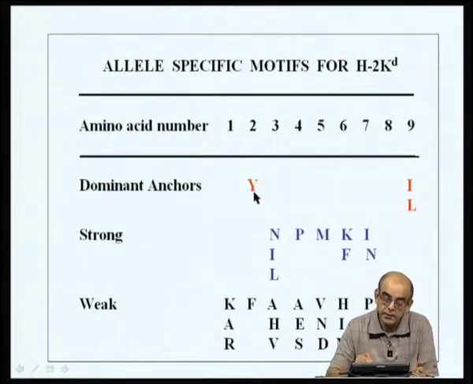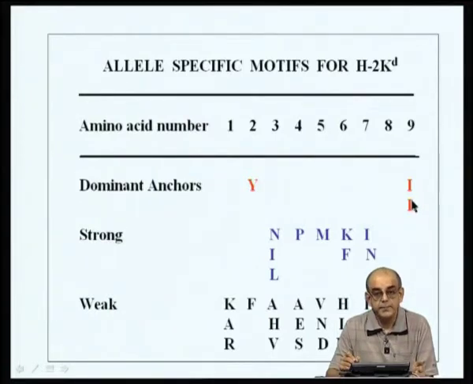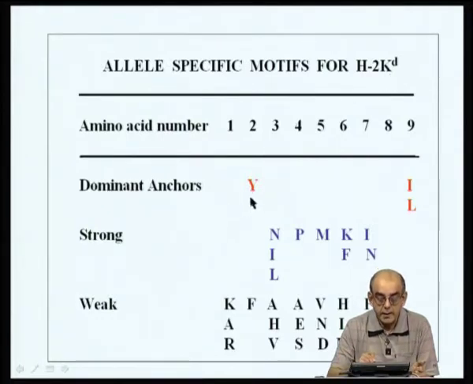They found that in the groove the peptide always had tyrosine in the second position, and in the 9th position there was always isoleucine or leucine. So, in other words, all peptides that were eluted from the K of D molecule had tyrosine in the second position and isoleucine or leucine in the 9th position.